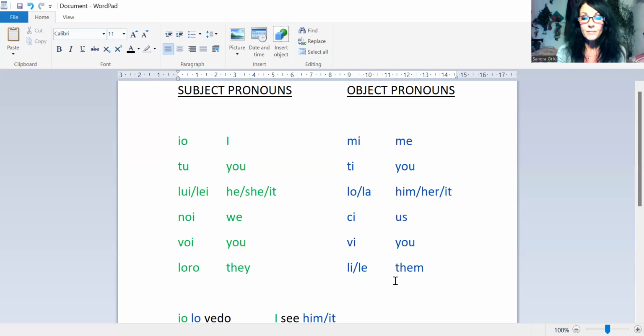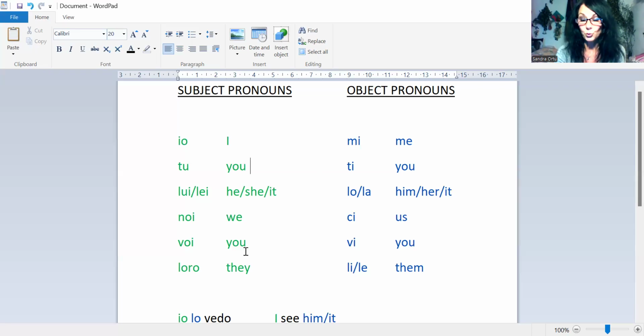So now, the confusion, sometimes the challenge, is to not confuse the ones that are the same visually in the subject and object pronouns. For example, in English, you have you as a subject and you as an object. It as a subject, it as an object. So you have to be careful.